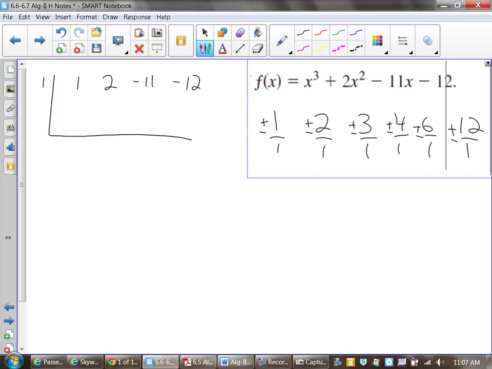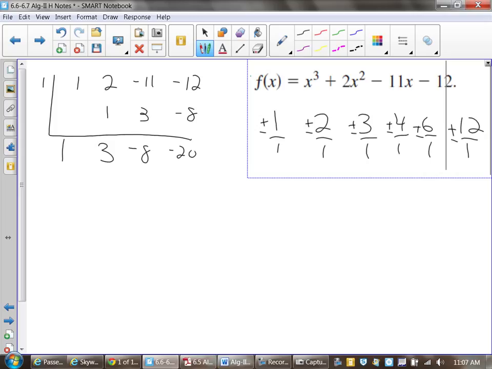Remember, I'm plucking my coefficients. I'm going to use synthetic division, which we're going to get really good at because it's pretty easy. Remember, drop the first term, multiply, add, multiply, add, multiply, and add.